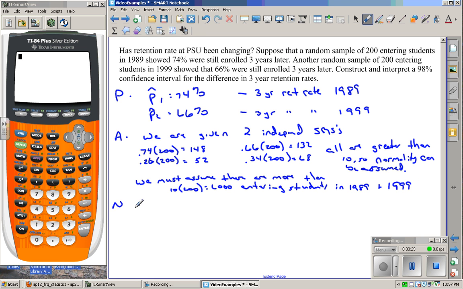Alright, so since we have two samples, they're independent. This is a two-sample z-interval for difference in proportions.